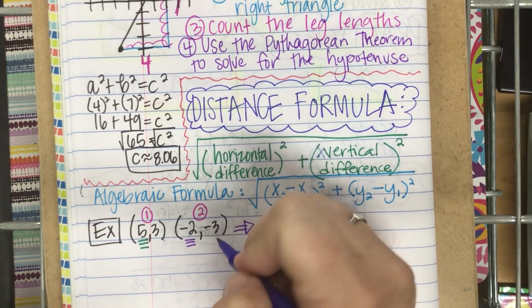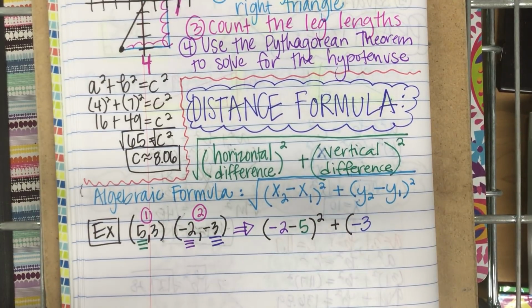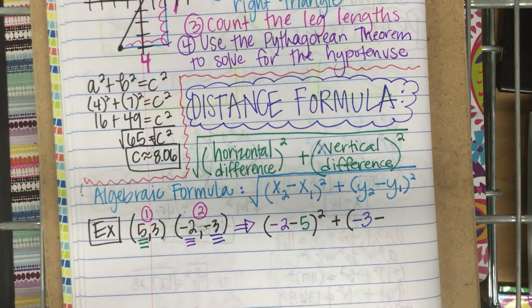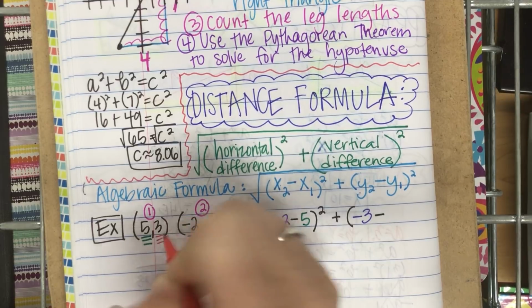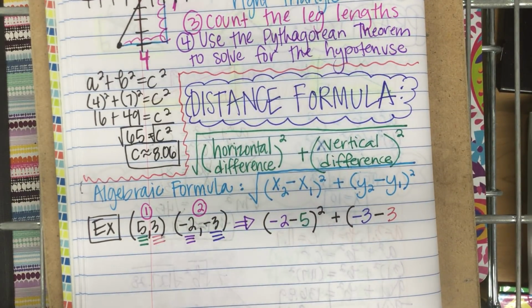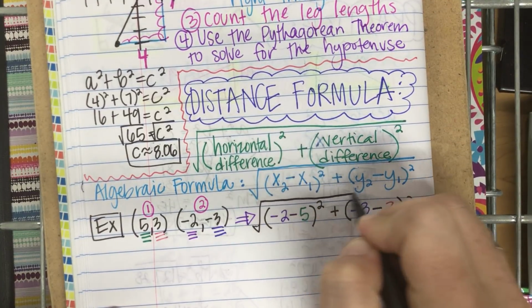Second ordered pair, here's my y, -3 minus, because I'm finding the difference, my y for my first ordered pair, which is 3, squared, and then finally at the end I'll take that square root.